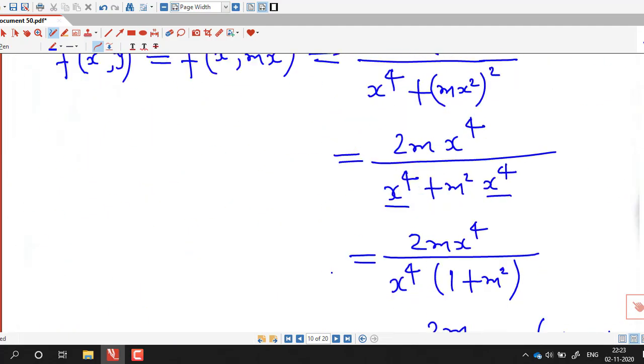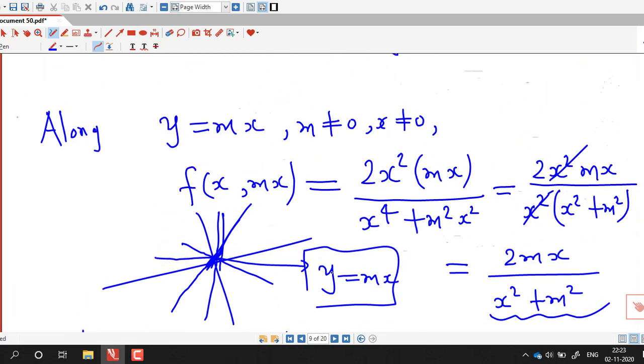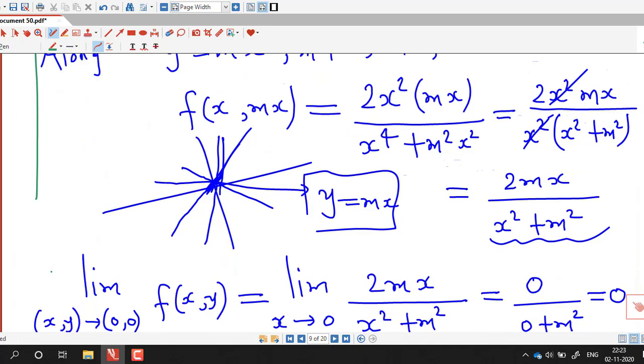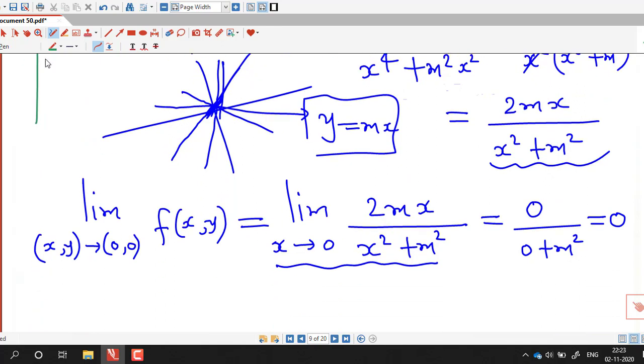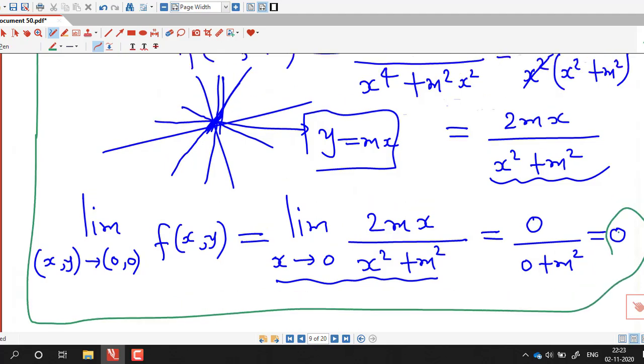So in this problem you can see first we tried along different lines. Along different lines y equal to mx, we observe that limit is 0. So limit is same along all the lines passing through origin, and the limit has value 0.